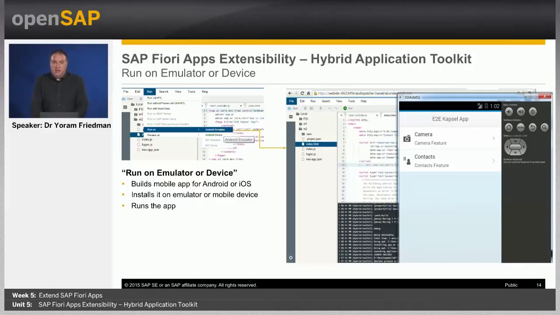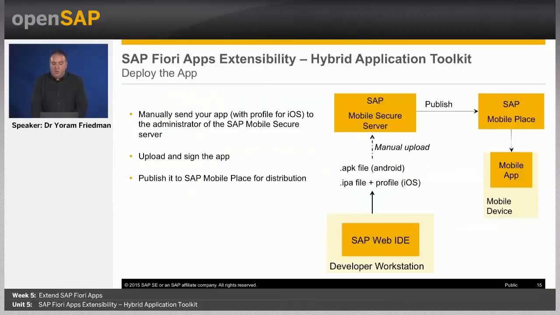The last thing that I need to remember is that if I really want to deploy this application, I'm not going to deploy to the HANA Cloud Platform. I'm not going to deploy it necessarily to the Launchpad. I might want to deploy it directly to a mobile device because it can be a real mobile application that can run perfectly on a mobile device.